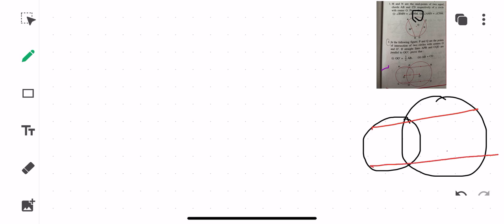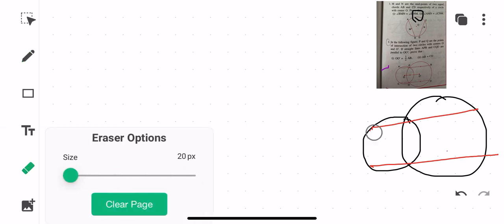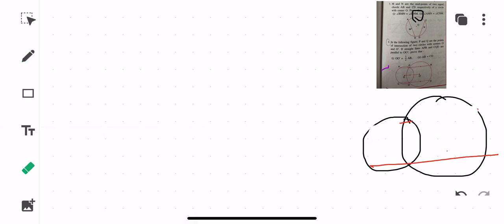This is an intersecting one, so this goes like this. Then we have A, P, B, then we have O, O dash, C, Q, and then D.